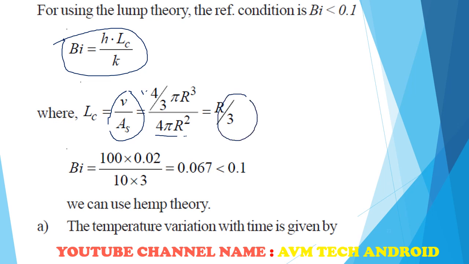Biot number is h Lc by k: convection heat transfer coefficient, characteristic length, and thermal conductivity, so it is 0.067, that is less than 0.1. So we can go for lump theory.